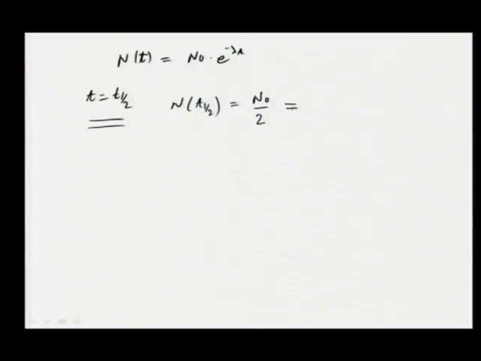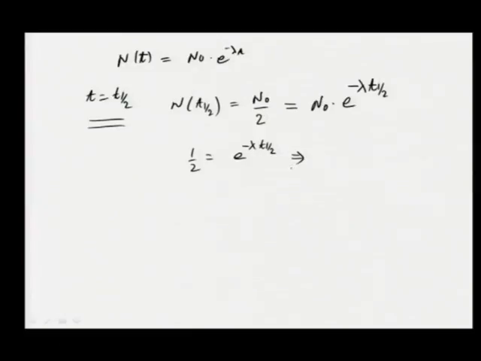But according to the exponential law, this is related to N_0 as N_0 times exponential minus lambda t half, so N_0 by 2 equals N_0 e power minus lambda t half. Both sides have N_0, so we can divide by N_0 on both sides, and you will get 1 over 2 equal to exponential minus lambda t half.